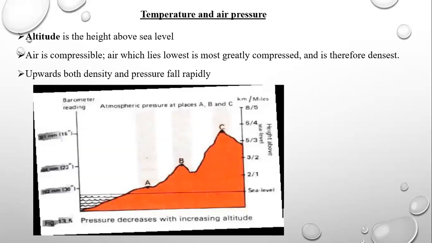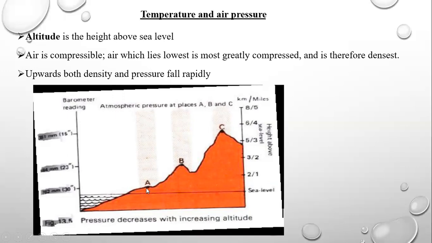So here in this diagram, we have point A, B, and C. If I'm to ask you a question to say between point A, B, and C, which one has the highest atmospheric pressure?